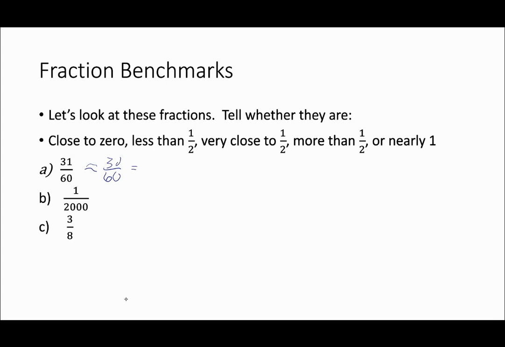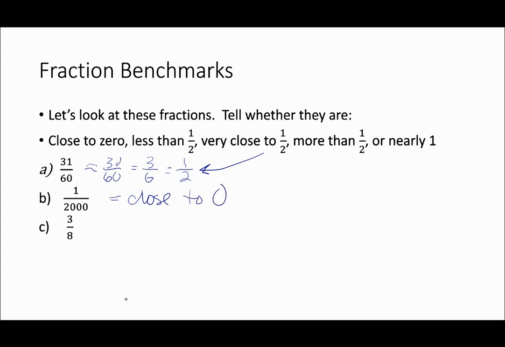And then I can reduce that to get 3 over 6, which further reduces to 1/2. So that's very close to 1/2. What about 1 over 2,000? Well, we can't reduce that any further because 1 is already in its lowest form. So we're going to say that this one is super close to 0 because 2,000 is way bigger than 1.